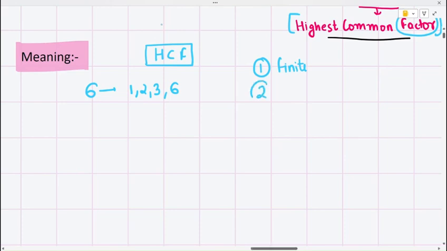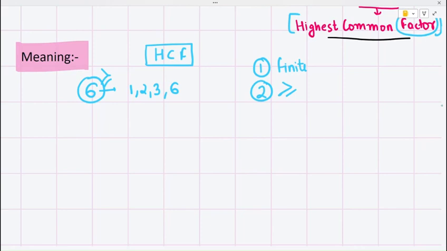Now the second point can be the reason for the first point, which is that all the factors of a particular number are either smaller than or equal to the particular number जिसके कि हम factors निकाल रहे हैं. So this is the second point. But if we focus on the term HCF, it includes highest common factor and not factors.